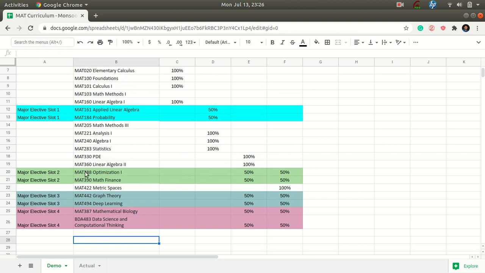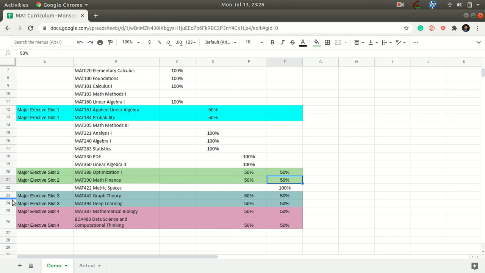So in MAT 388 and MAT 390, I am telling the system that 50% of the third years will split up into MAT 388, MAT 390 as major electives. Also, fourth year, 50%, 50% will split up into major electives in MAT 388 and MAT 390. Okay.